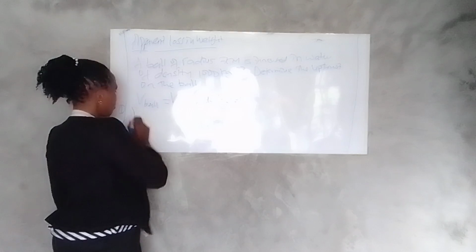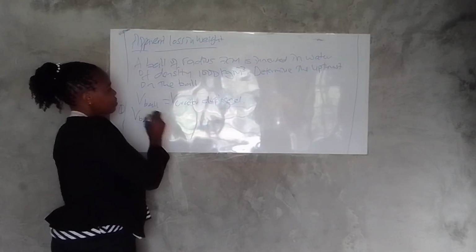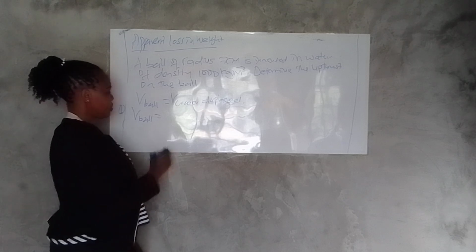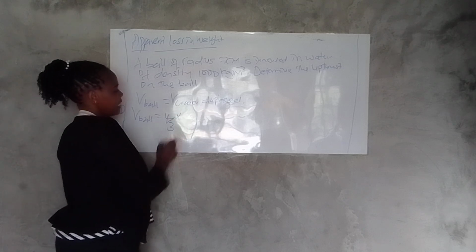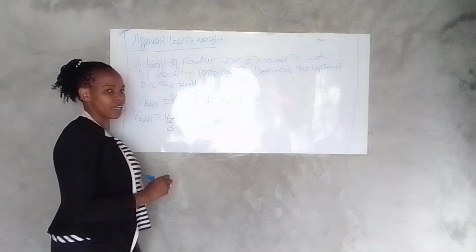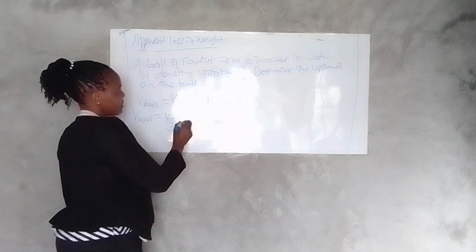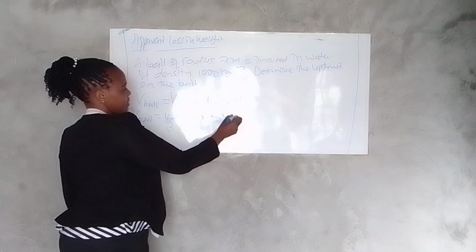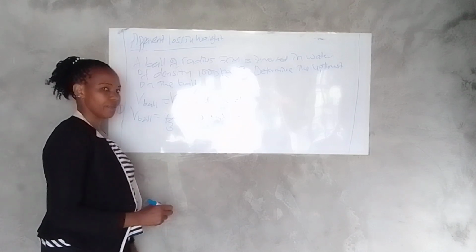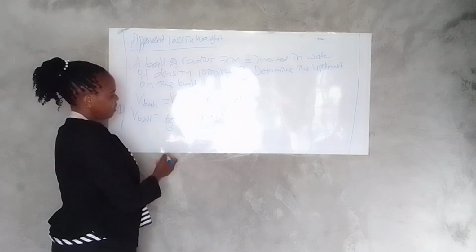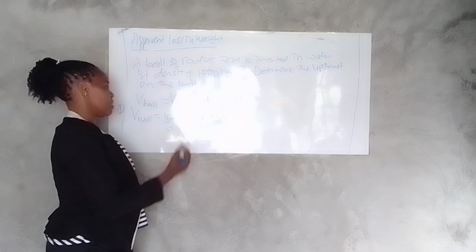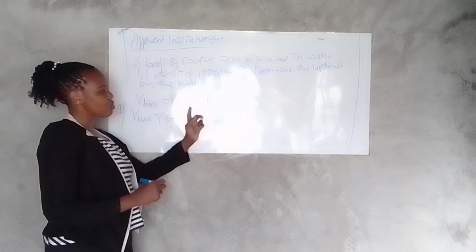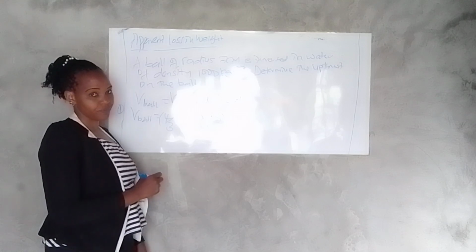So the volume of the ball, since a ball is spherical, is 4/3 times πr cubed, so 7 centimeters times 7 centimeters times 7 centimeters. With this we get the volume of the ball, which is also equal to the volume of the displaced fluid.